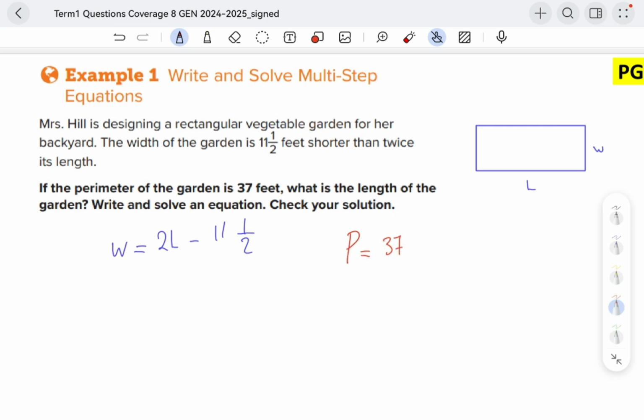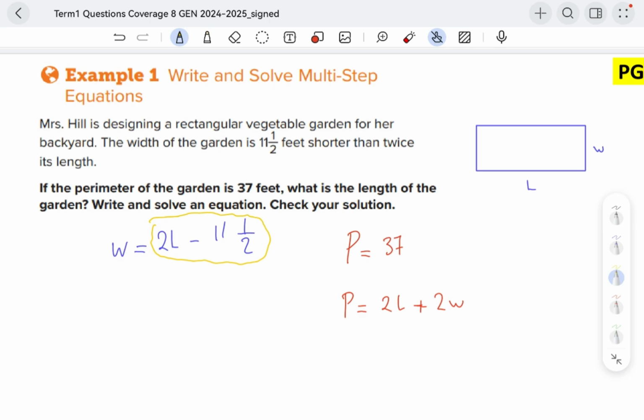And we know the formula for the rectangle. If you want to find the perimeter, it's twice the length plus twice the width. Remember that the perimeter is the sum of the sides' length. Okay, so what we're gonna do now, we're gonna substitute. We know that the value for W is twice the length minus 11.5 feet.